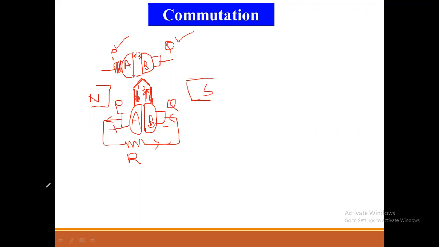Now I will draw the second diagram for one instant. That means I will draw a similar diagram here. Here it is one commutator segment, here another commutator segment, that is B, and here it is A. Here it is one conductor, and similarly here is another conductor.